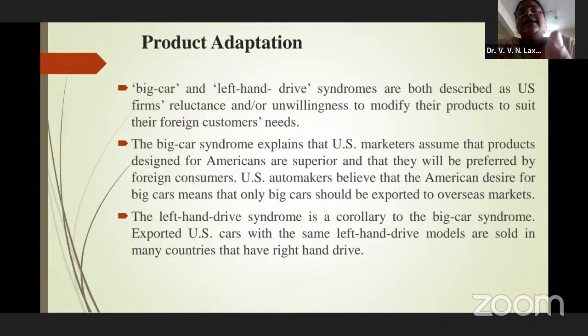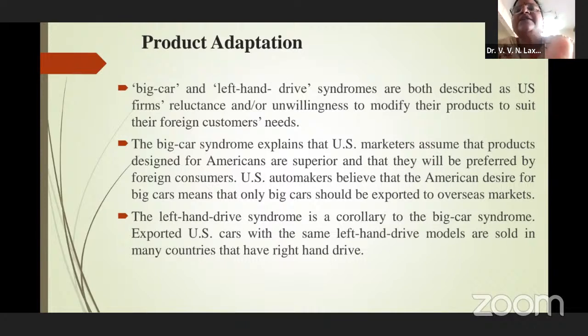But in densely populated countries or in countries where the roads are not as wide as it is in US, these big cars may not be suitable. But the US automakers were trying to sell the same big car in the international markets without any type of modifications. And this behavior of the US marketers is called the big car syndrome.